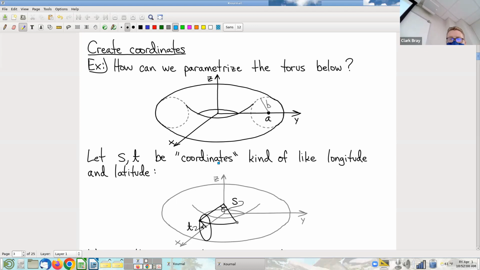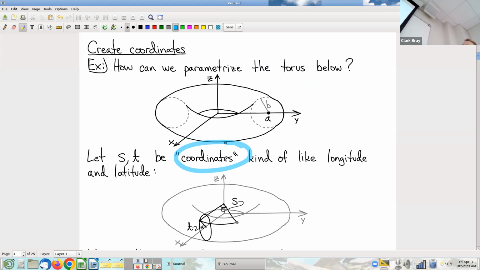So we want to parameterize a torus, basically the surface of a donut. The idea here is to start by thinking in terms of coordinates on the surface.